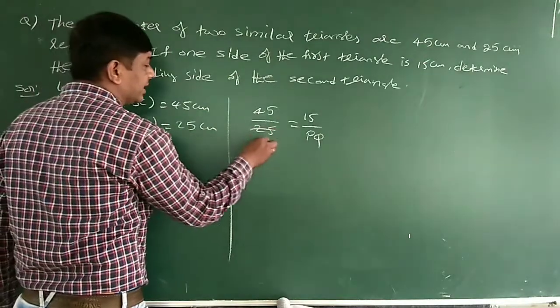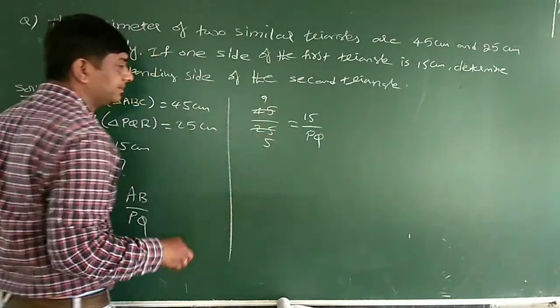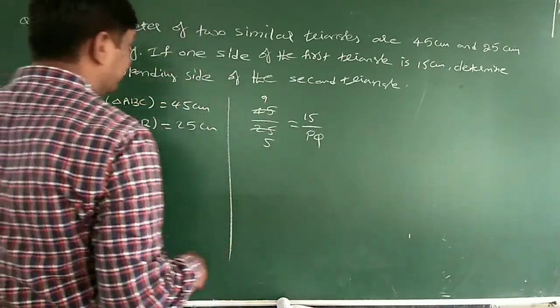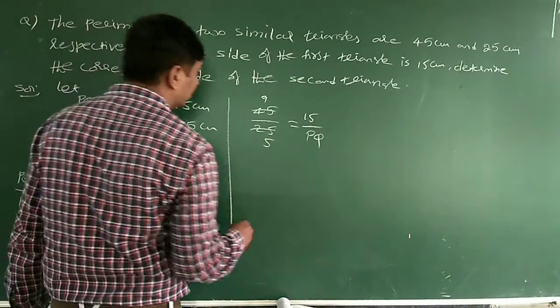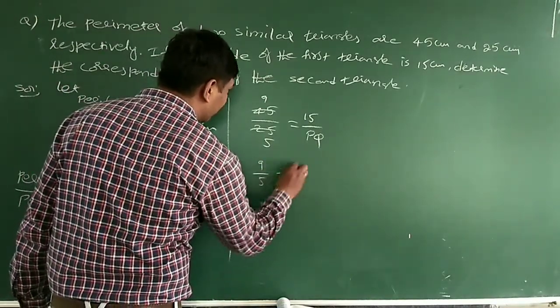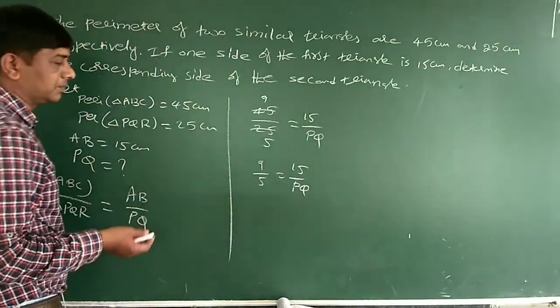Now cancel it: 5 fives are 25, 5 nines are 45. Now 9 by 5 is equal to 15 by PQ. I took the value randomly, sir, so I may get any value.